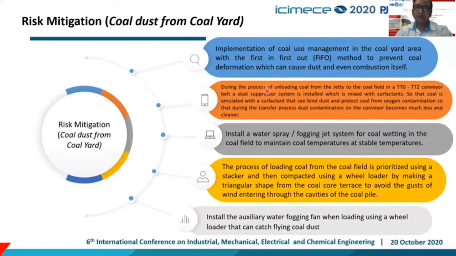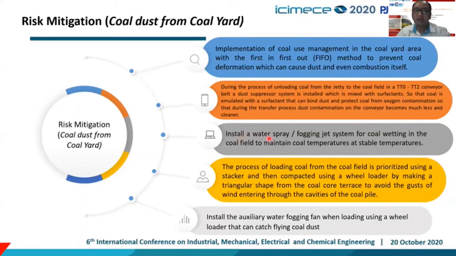And during the process of unloading coal from the jetty, the coal goes through transfer tower 0 to transfer tower 2, where a conveyor belt dust sprayer system mixed with surfactant is installed. Coal emulsified with surfactant can bind dust and protect coal from oxygen contamination, so during the transfer process, dust contamination on the conveyor becomes much less and cleaner.